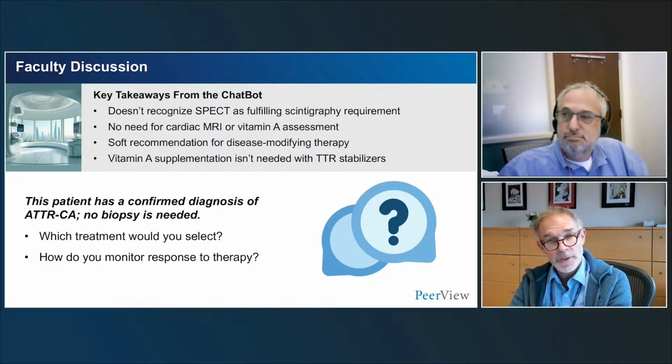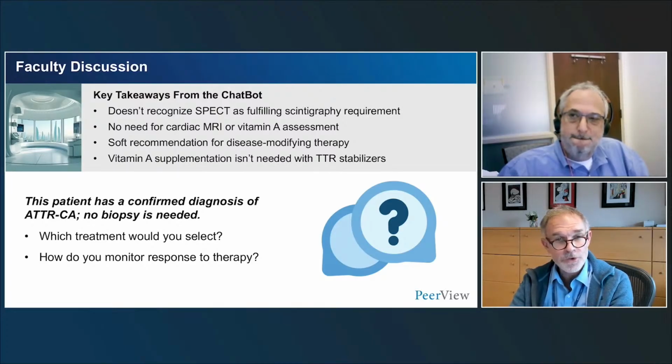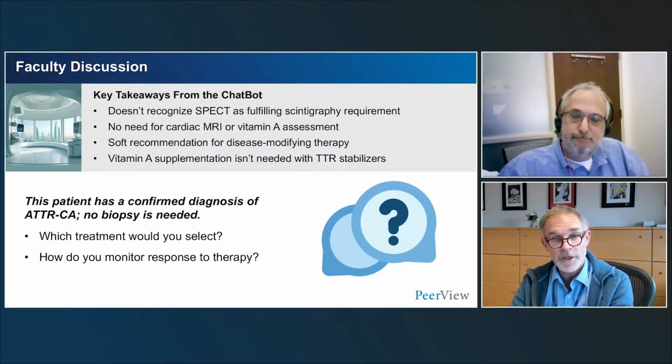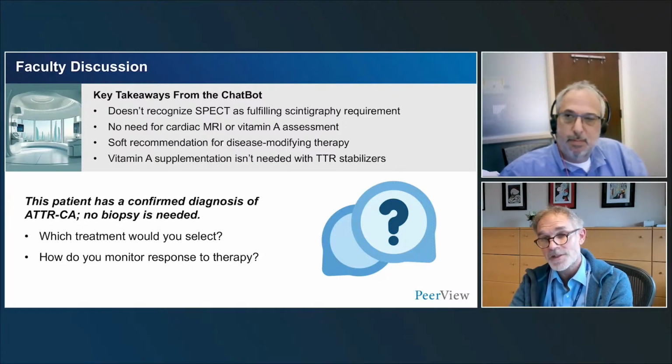And I think I would base the decision about which drug to start on a combination of whether the patient wanted an oral treatment, whether they wanted to take one tablet, four tablets, or whether they would prefer a subcutaneous drug once every 3 months, acknowledging that they would need to be on vitamin A supplementation, which would be a tablet a day.